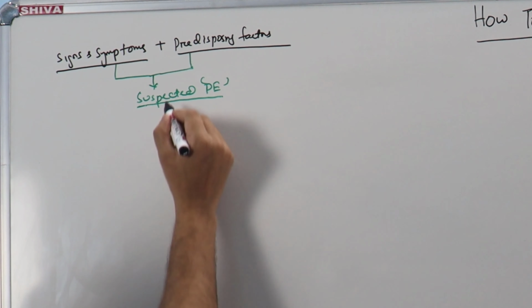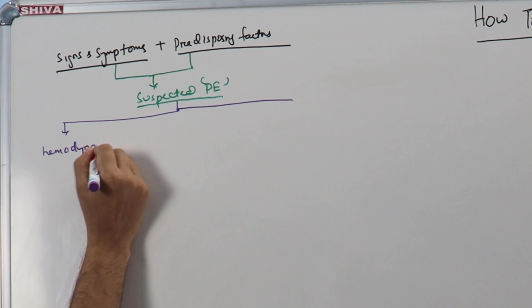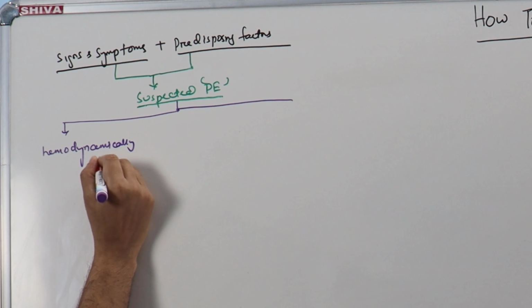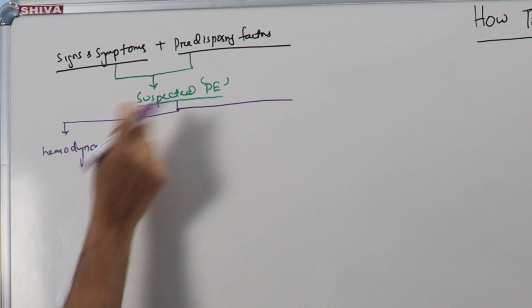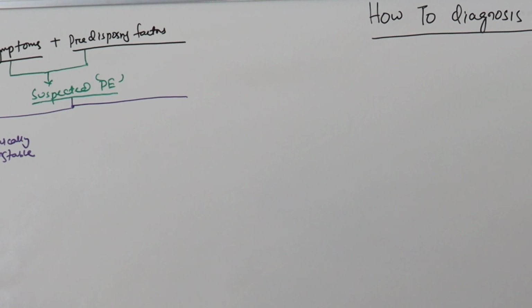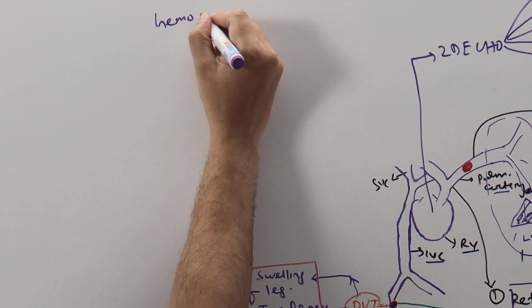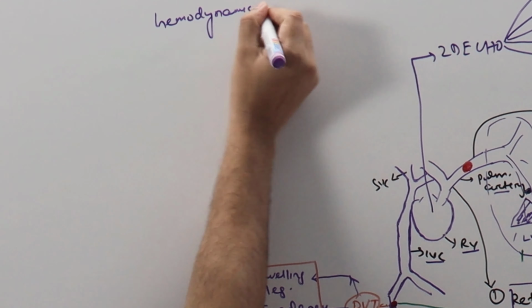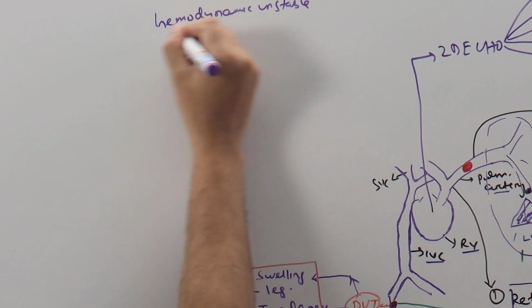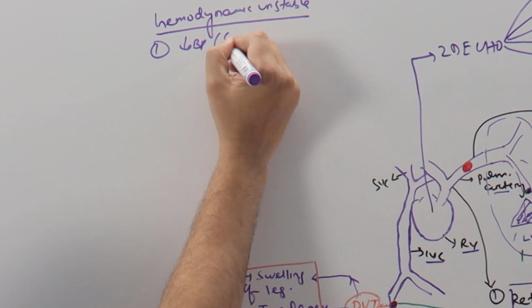So, if you have suspected PE and the patient is hemodynamically unstable. And what do you mean by hemodynamically unstable? Hemodynamically unstable means three things. First, decrease in blood pressure, that is SBP less than 90 for more than 15 minutes.